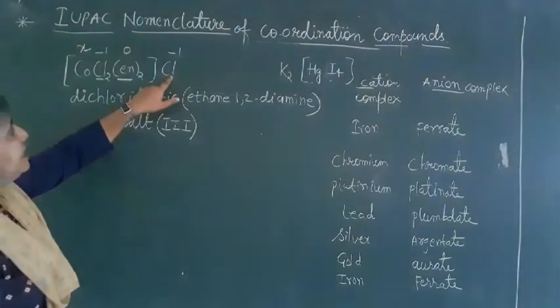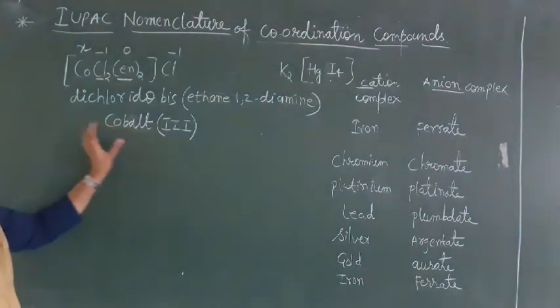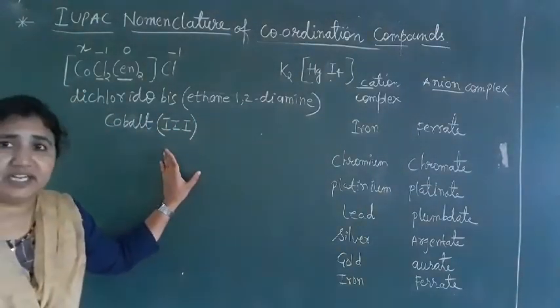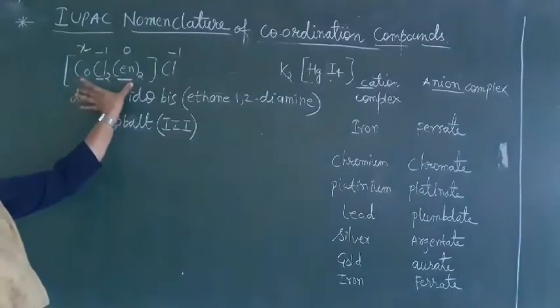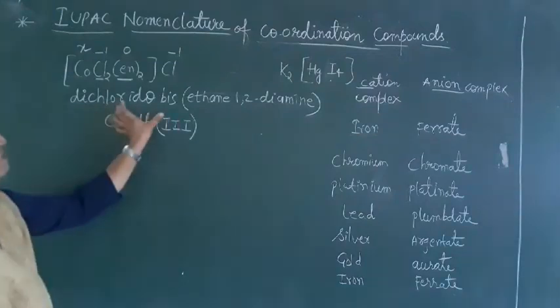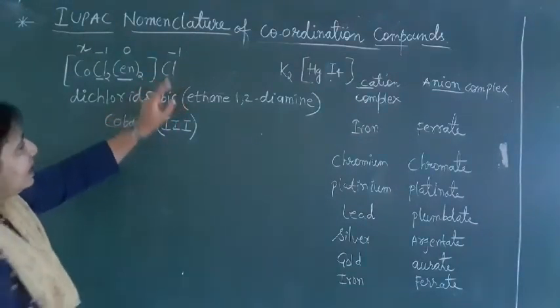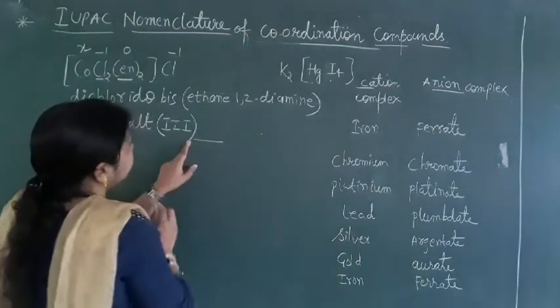Now all the ligand names you have to write continuously. There should be no gap while writing the complex name. This cationic complex name you have to write continuously; in between the words there should be no gap. Now last, the anion. Keep a gap while writing the anion name.